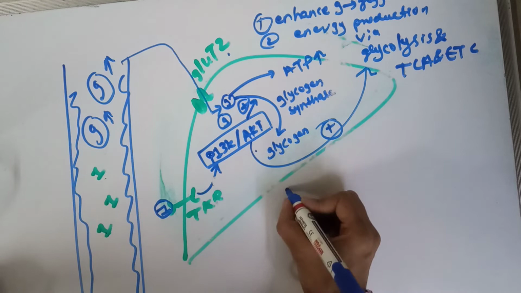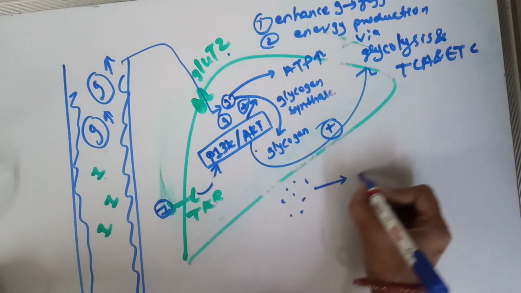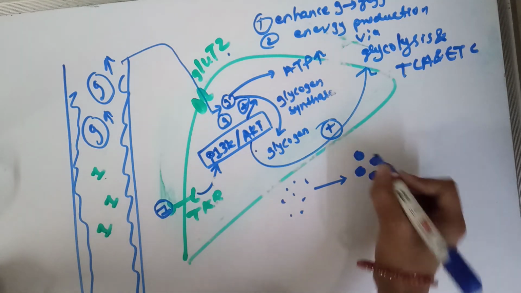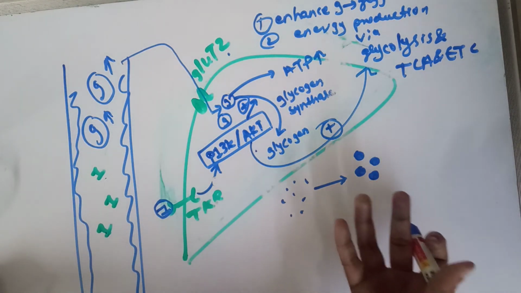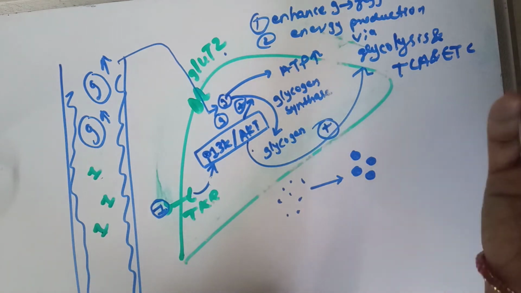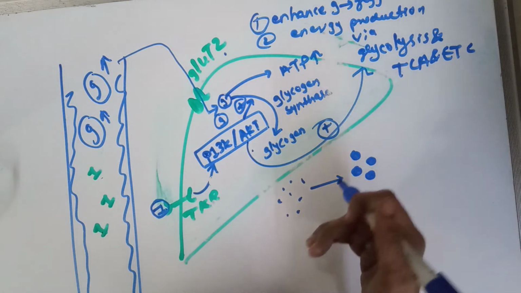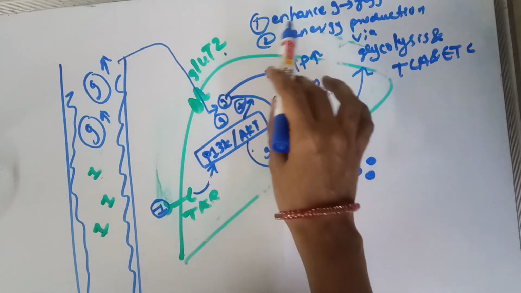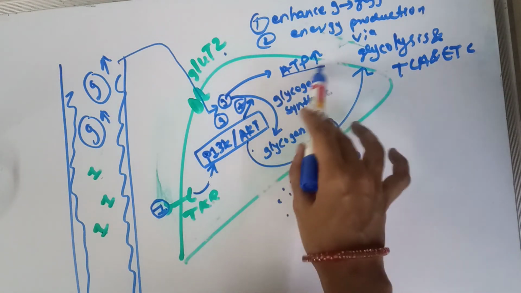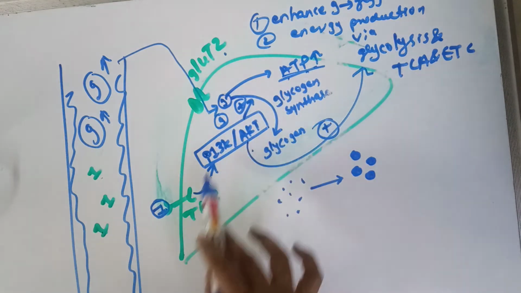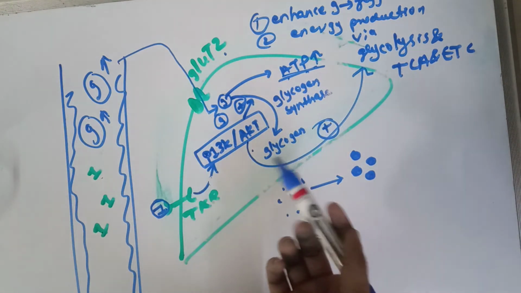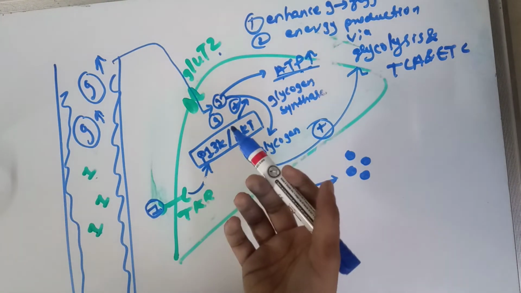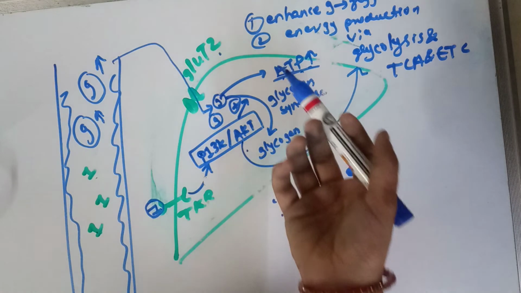Obviously, when glucose is converted into glycogen, it is stored, so it brings down your glucose concentration. And if glucose is converted into ATP, it helps the liver use energy. In this way it uses your glucose to lower it down.